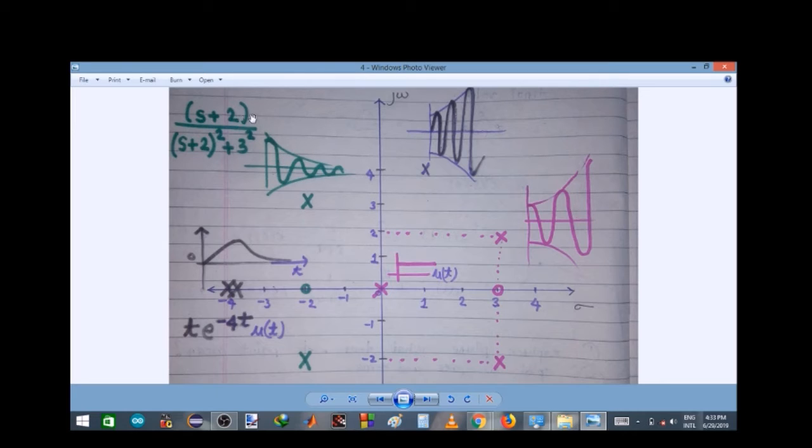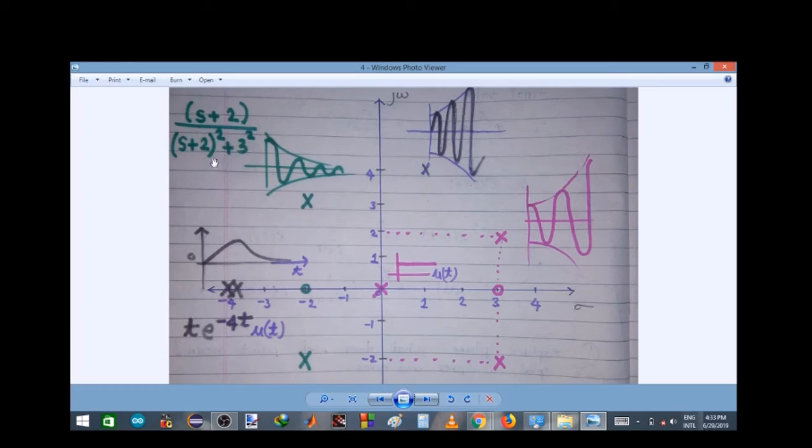If you set s plus 2 equal to 0, then we have a zero at minus 2, which is perfectly fine. And if you equate the denominator to 0, it gives plus minus 3j. Sorry, there was a mistake earlier. So there is a plus minus 3j and the real part is minus 2.